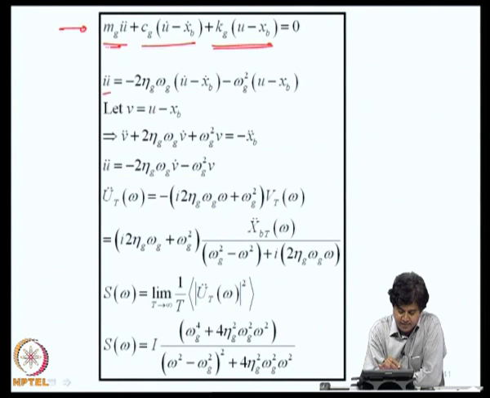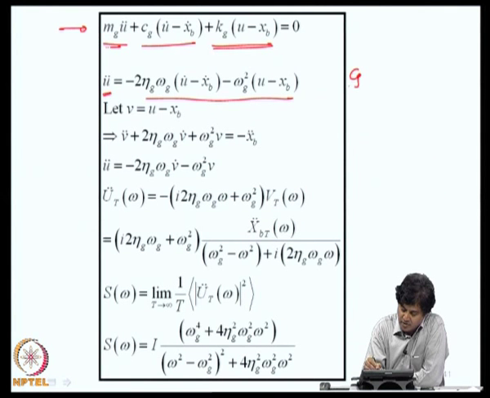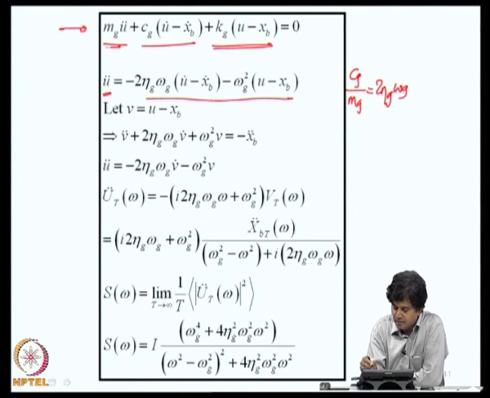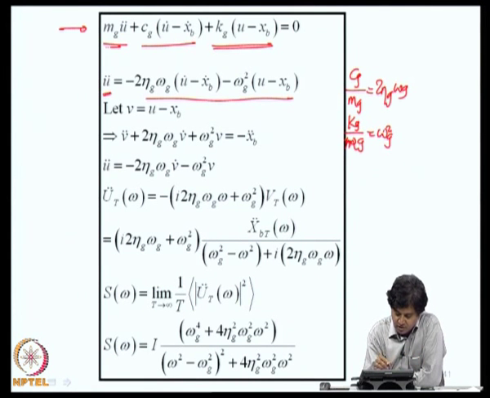If you now write from this the expression for absolute acceleration at the ground level, we get this expression, where cg by mg is written as 2 eta g omega g and kg by mg is written as omega g square. So, this is the expression for the total acceleration at the ground level.